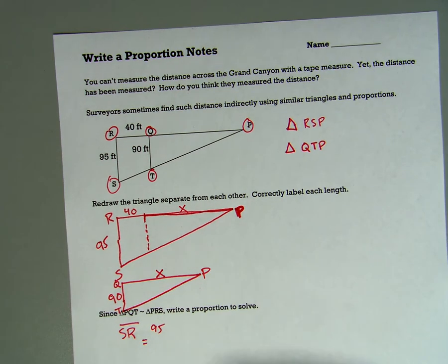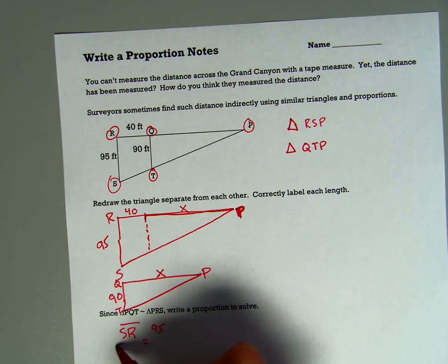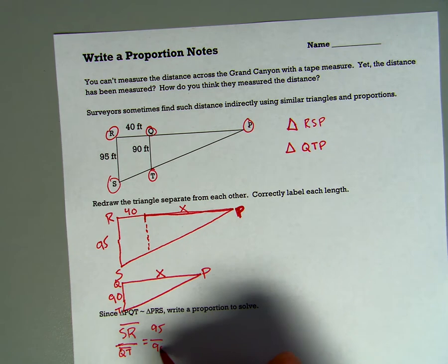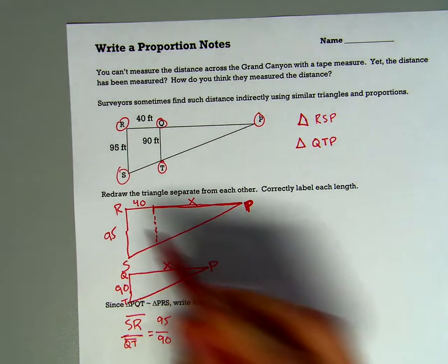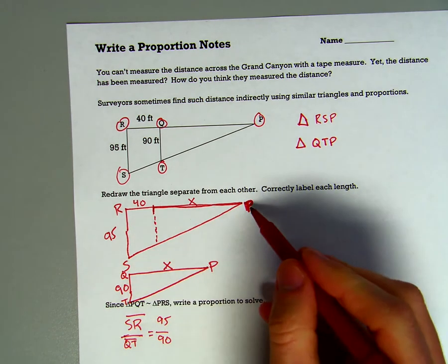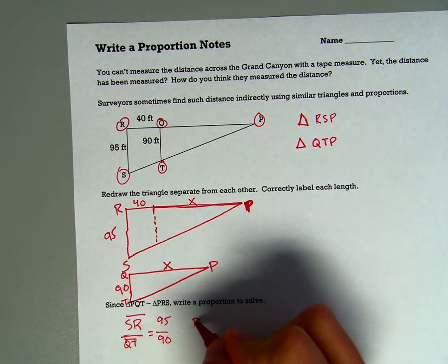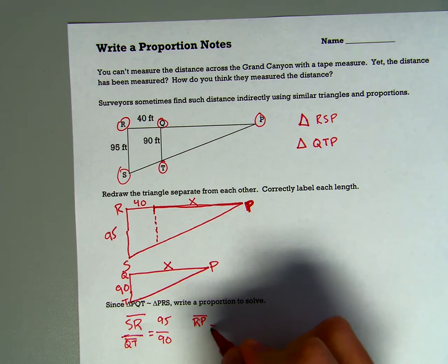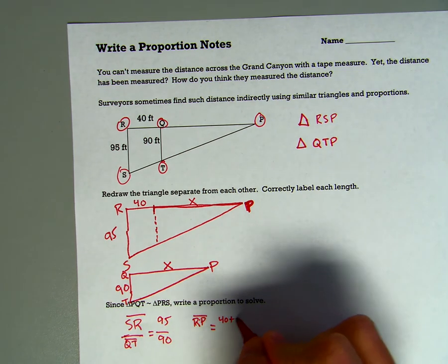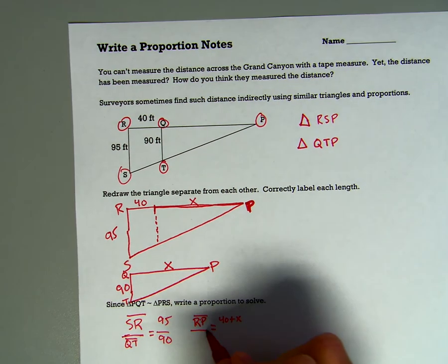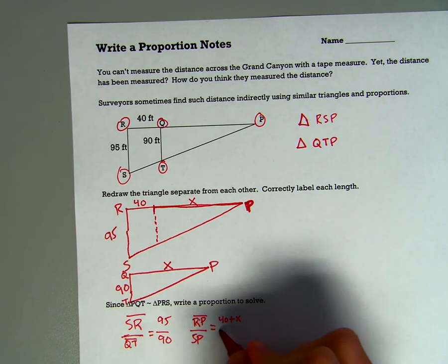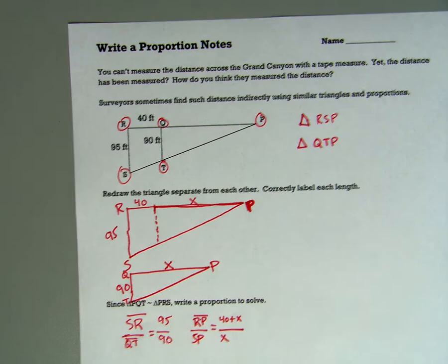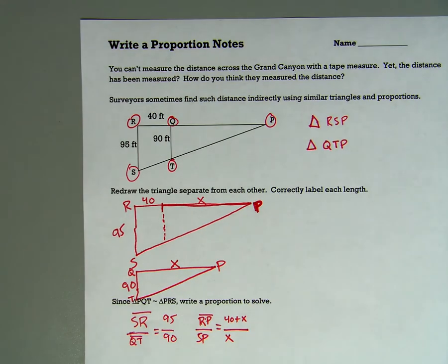Then I also have my side QT, which is equal to 90. And then for this one up here, I know that R to P is equal to 40 plus X. And then side SP for my smaller triangle is equal to X. So I have my two proportional fractions there.